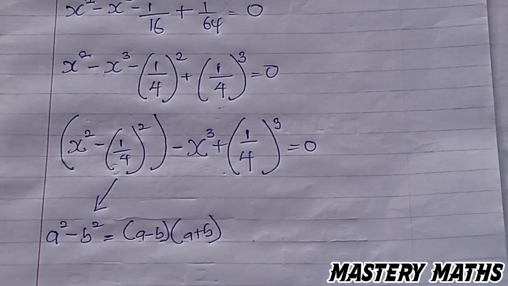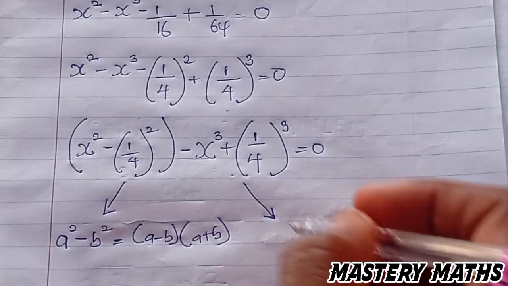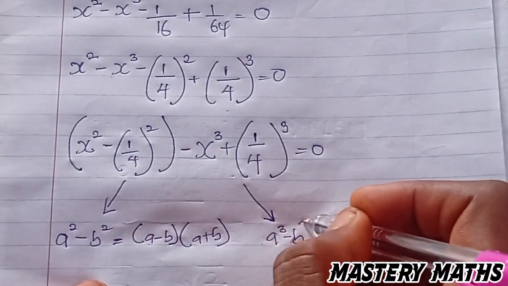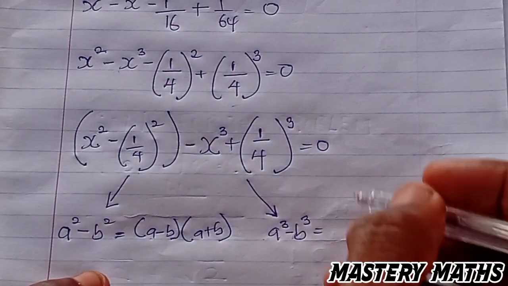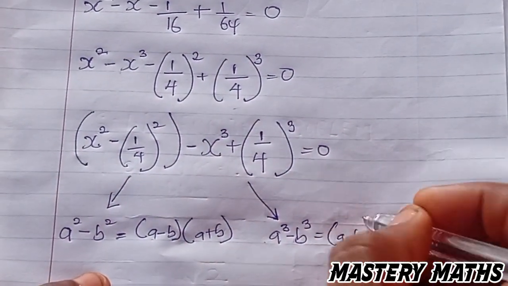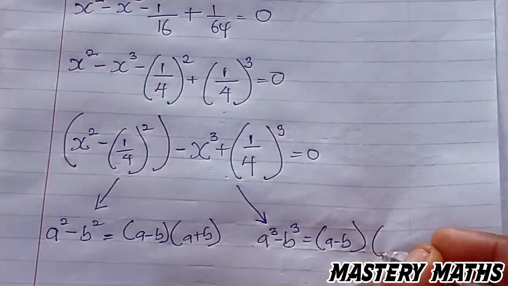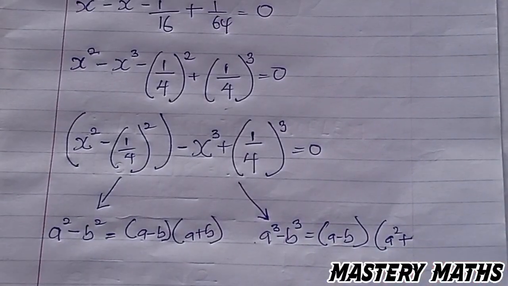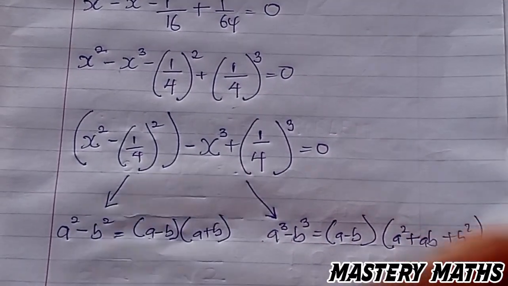Now, what should be the next one? For this part here, in which you have cubes, you have a raised to the power of 3 minus b raised to the power of 3, which will give us a minus b, open a bracket, then a squared plus ab plus b squared.